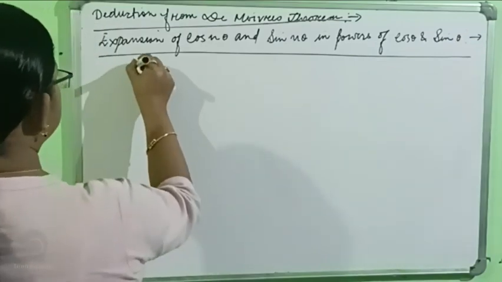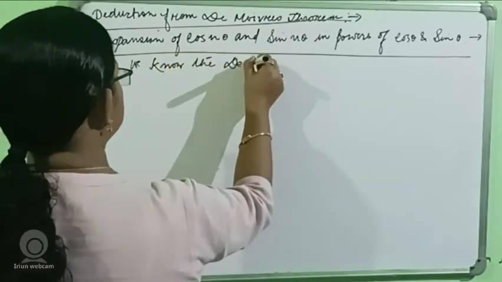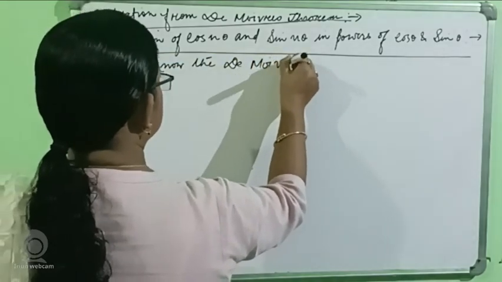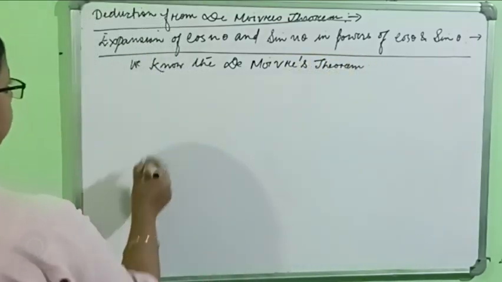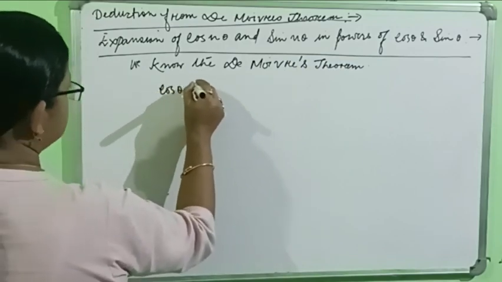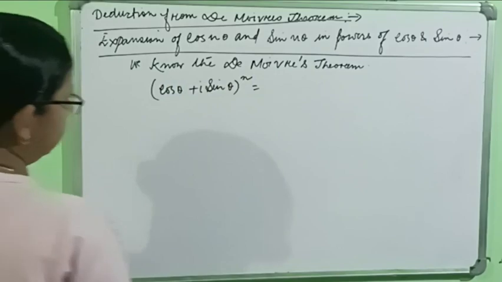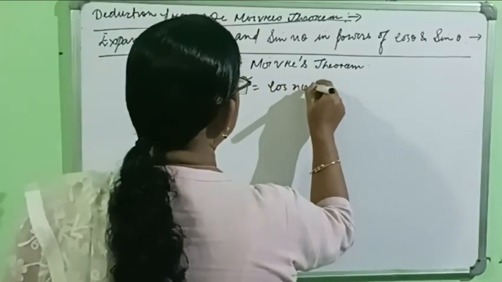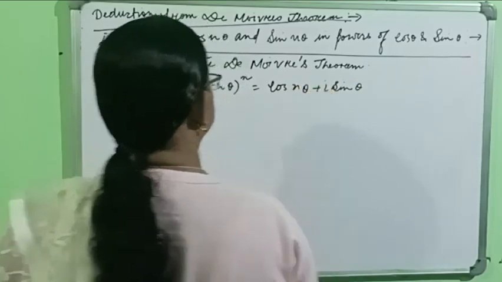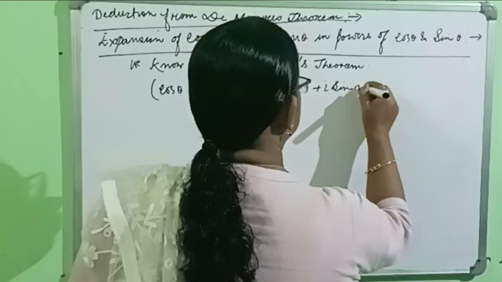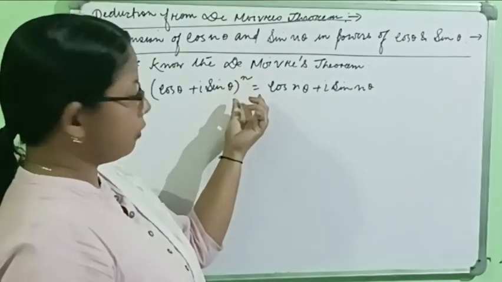We know the De Moivre's theorem: (cos theta plus i sin theta) to the power n is equal to cos n theta plus i sin n theta, where n is positive, negative, integral or fractional.